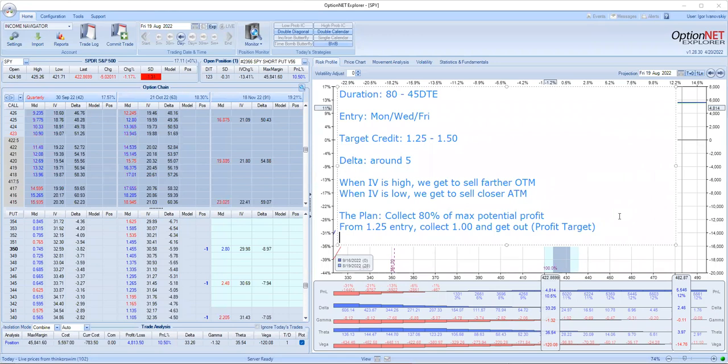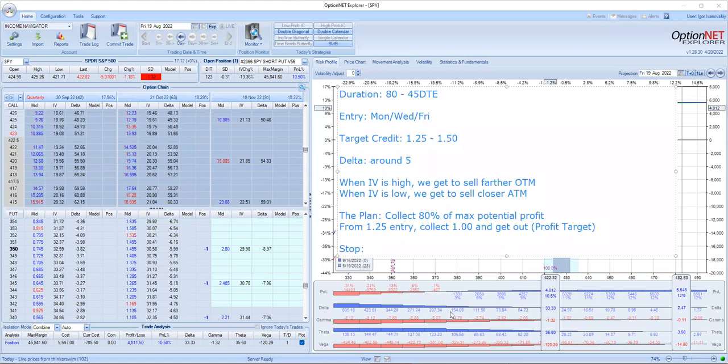So let's talk about a stop loss. Now, I have run this trade from October of last year. This is when the market was rallying, we were near the highs.